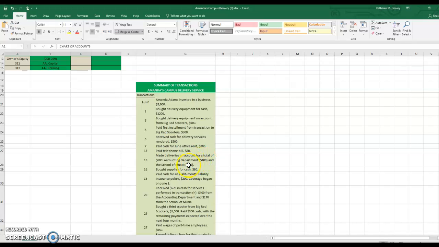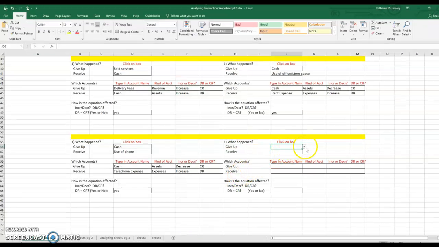We're not receiving cash today. We will receive cash in the future, but today we have customers owe us, and we're giving up the fact that we sold services. So we gave up sold services, and we're receiving the fact that customers owe us.